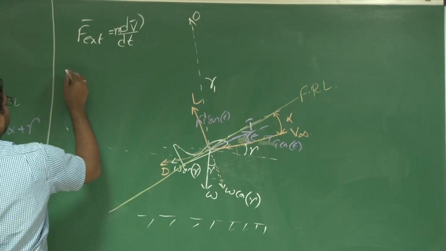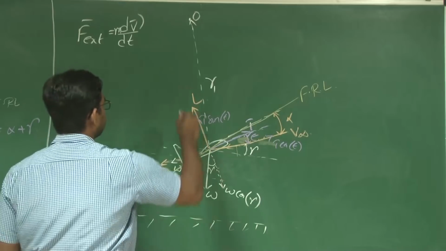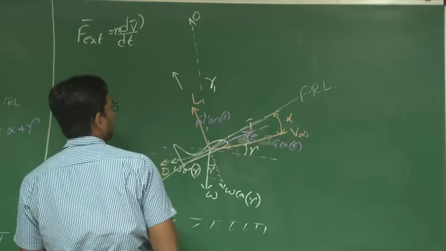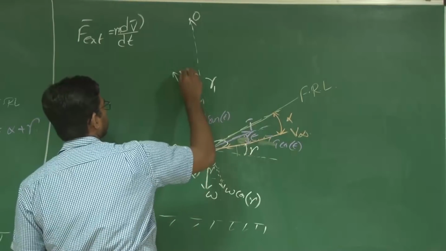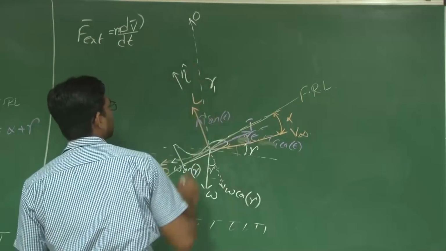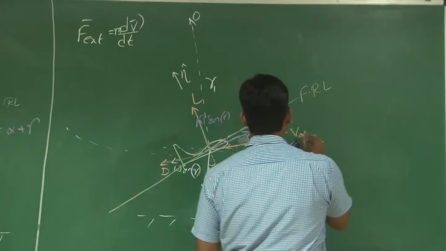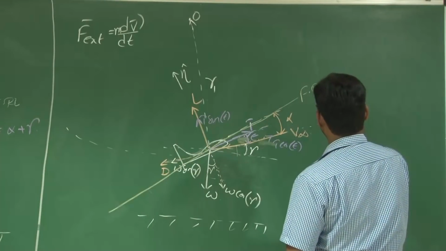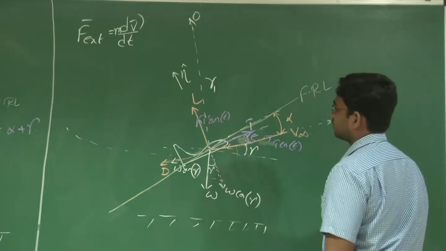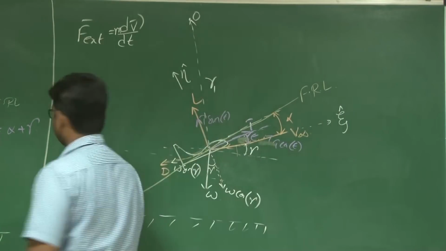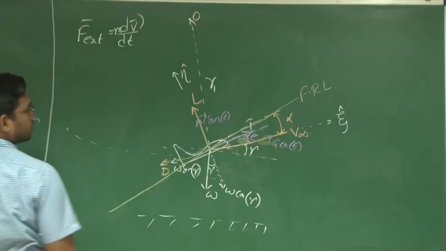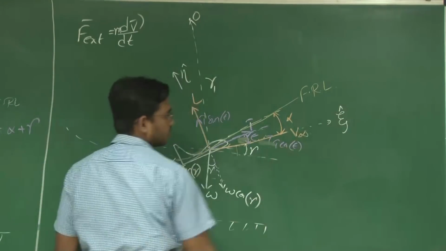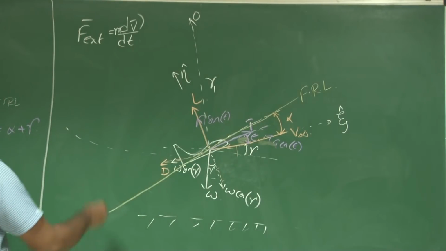So now let us consider a unit vector along the lift direction, eta cap, and a unit vector which is parallel to the flight path, zeta cap, right? So this is the positive direction of your eta cap along the lift, and this is the positive direction of your zeta cap.